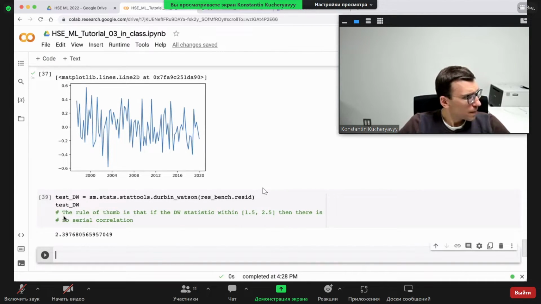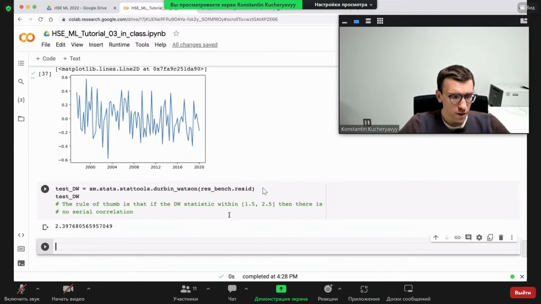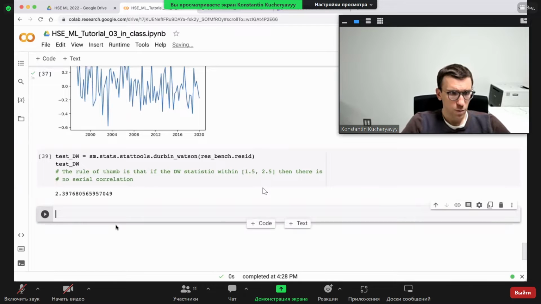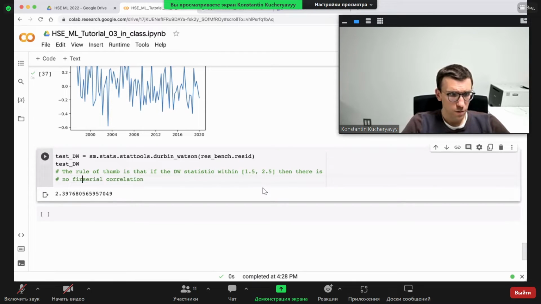And also there is a Breusch-Godfrey test, which tests higher order serial correlation, not only first order serial correlation.